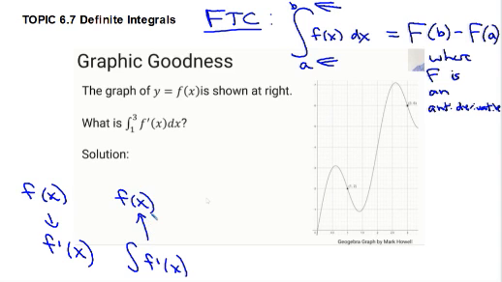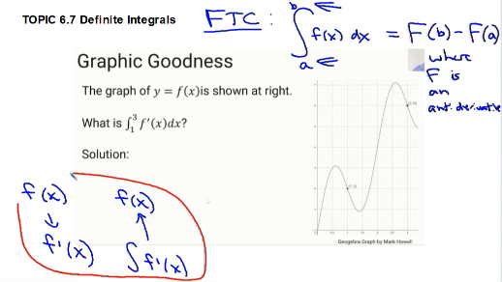It's simply going backwards. That's the idea of an antiderivative, and we will learn how to do that in topic 6.8. All right? So it's just this idea, if you can kind of view this circle, this was all part of Sir Isaac Newton developing the fundamental theorem of calculus, is this idea, this relationship between derivatives and integrals.